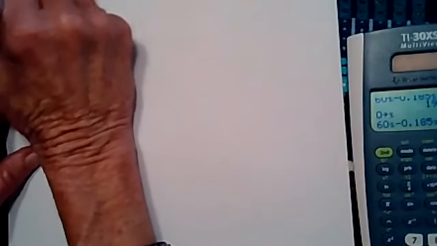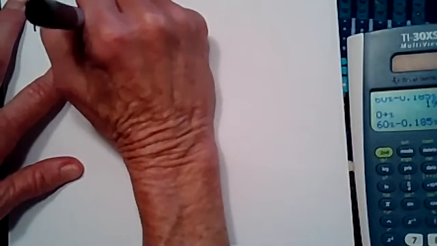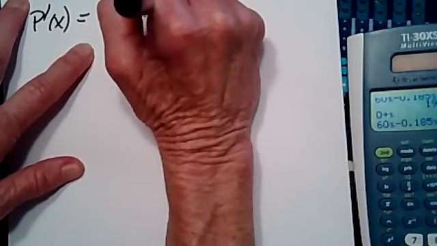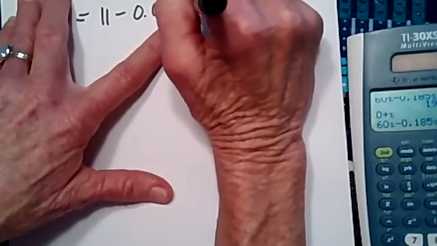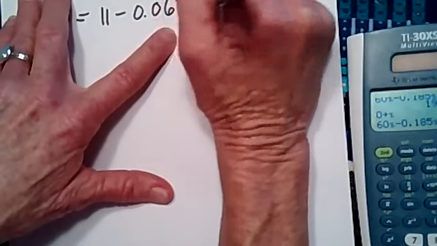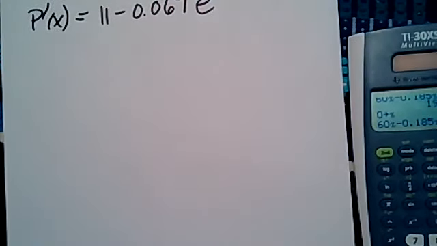Again, they give you the marginal profit. It's 11 minus 0.067 e to the 0.2x. There's my marginal profit, dollars per item, where X is the number of items produced and sold. Find the profit for the first 25 items.